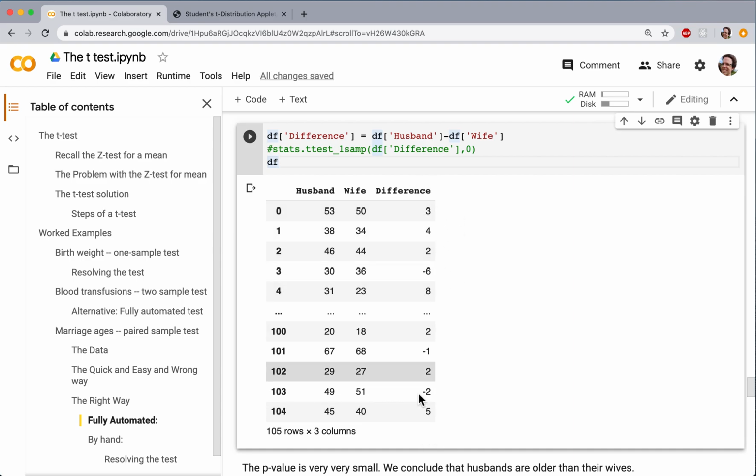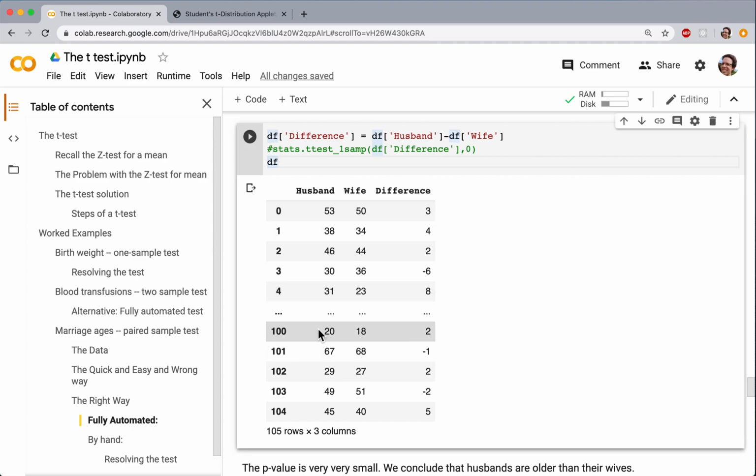And now basically what we can do is we can say, let's compare the differences themselves to 0. Are they on average greater than 0? By only reasoning about the standard deviation of the differences, we're only reasoning about the level of variations here. Notice that this difference column has much less variability than the husband column, and it has much less variability than the wife column, because these are husband and wife pairs of all kinds of different ages, right?